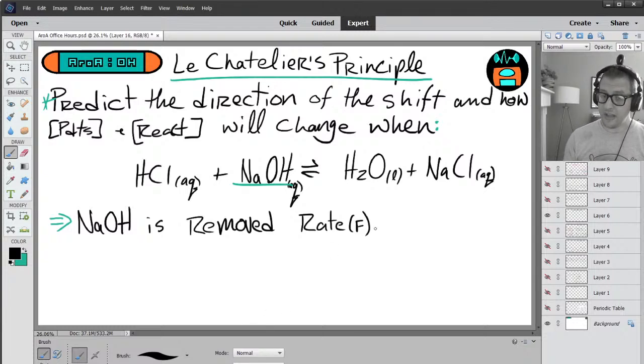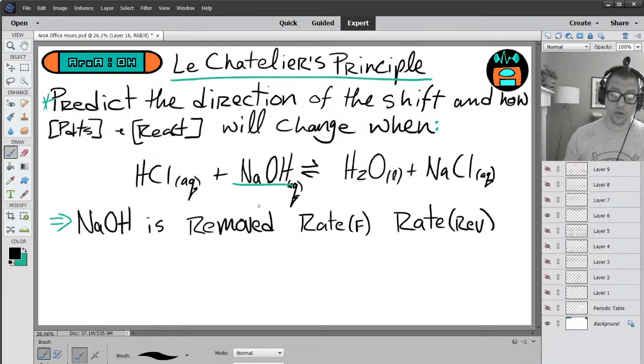But you have to ask yourself, how? How is this going to affect the rate of the forward reaction? The answer is sodium hydroxide. If you remove it, you're going to have fewer collisions. That means that the forward reaction is going to slow down with fewer collisions with sodium hydroxide.